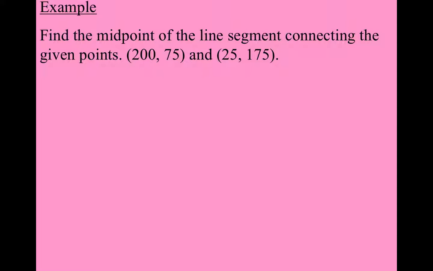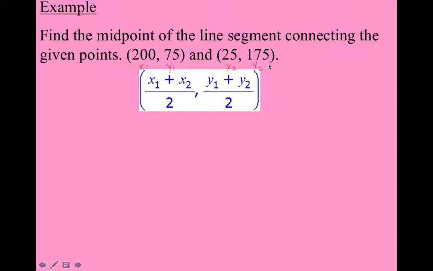See if you can solve this second one. Pause the video and solve it. So, when we look at this, once again, x1, y1, x2, y2. I plug it into the midpoint formula.